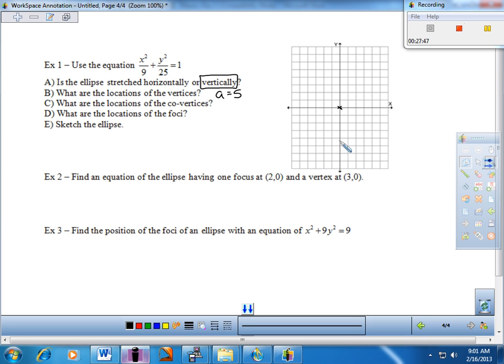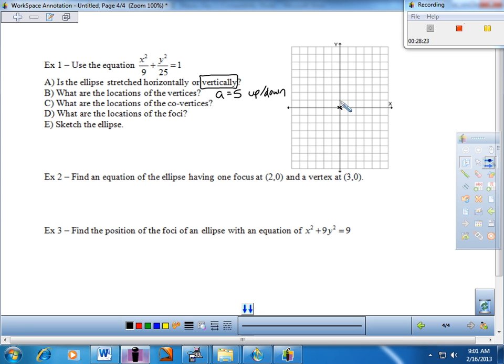And remember, of course, the vertices are in the direction of the stretch. So if it's stretched vertically, then we're going to our vertices vertically. And so what this means, and let's put this right here, up and down. So we're just going to go up 5 units from our center and down 5 units from our center.